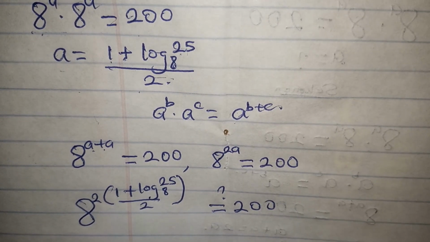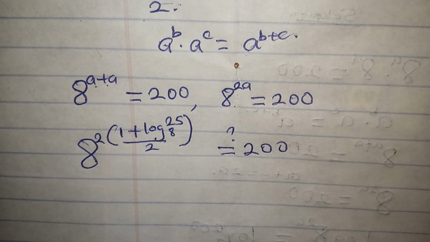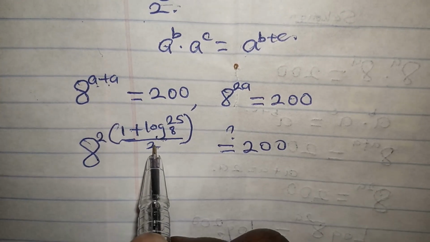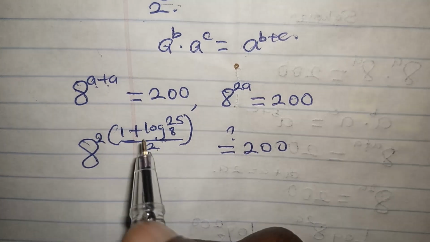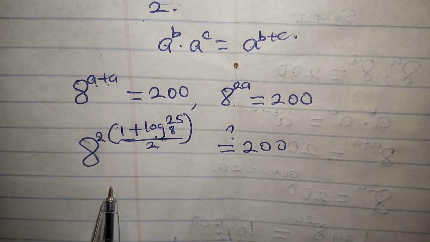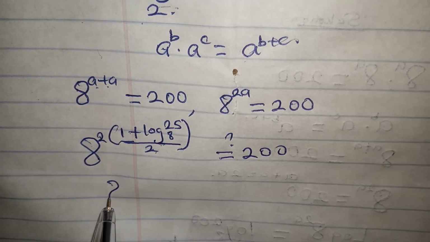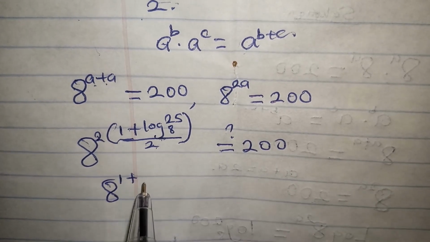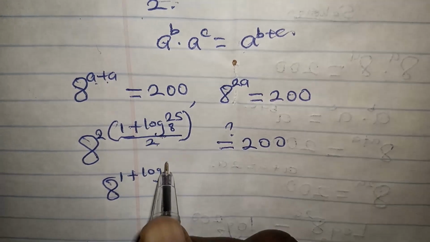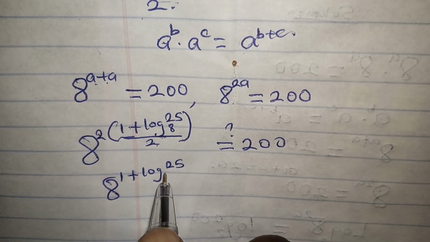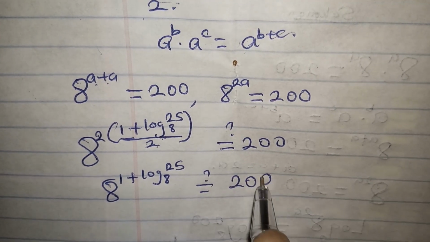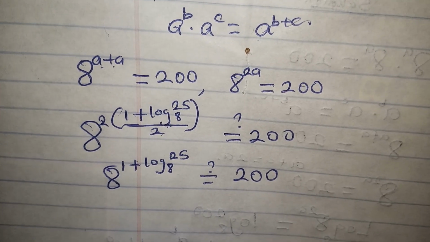We want to prove whether it equals 200. We can see that the 2 multiplying here can easily cancel out the division by 2. So we have 8 to the power of 1 plus log 25 to base 8 equals 200. This is what we are now having.